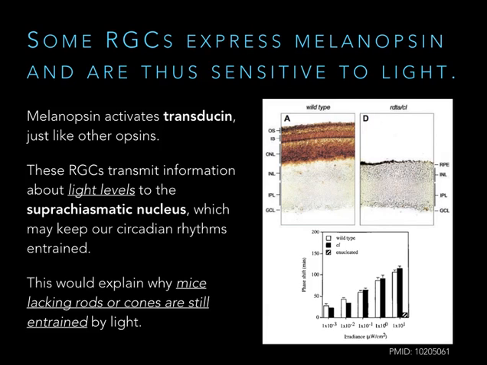And as the bars get larger as they move up the y-axis, we're seeing greater degrees of entrainment, which is exactly what you'd expect if you're able to sense the light and then modify your sleep-wake cycles as a result. So even blind mice, in this case, can be entrained by light because of the retinal ganglion cells that are expressing melanopsin and are thus sensitive to light.